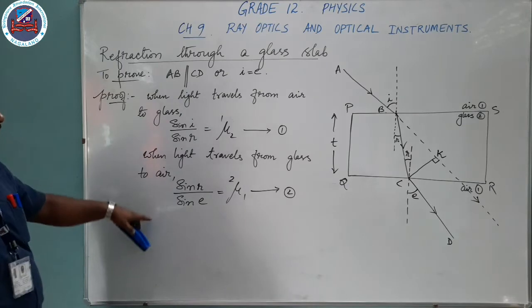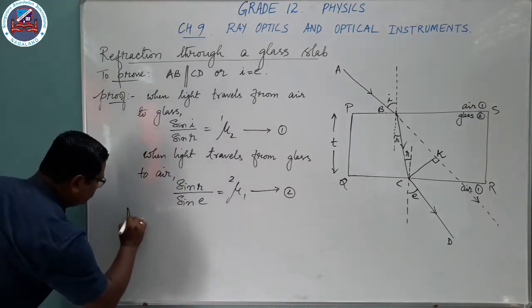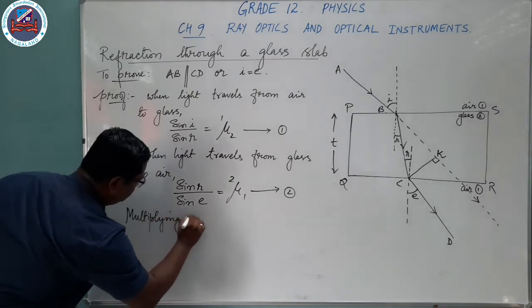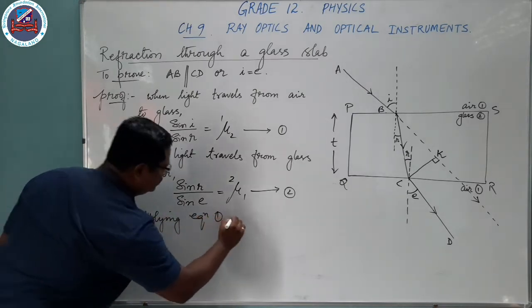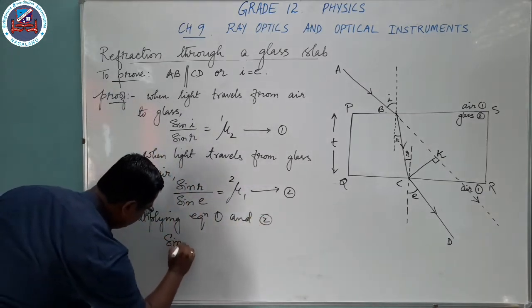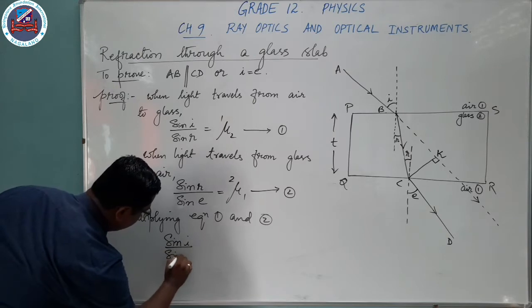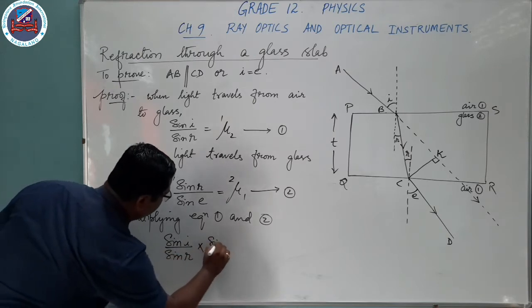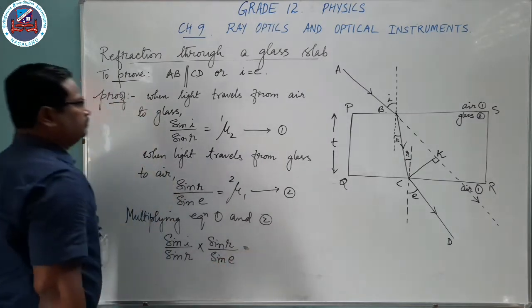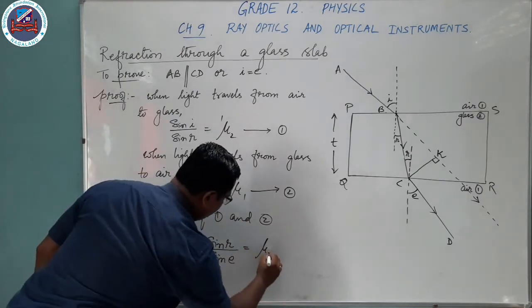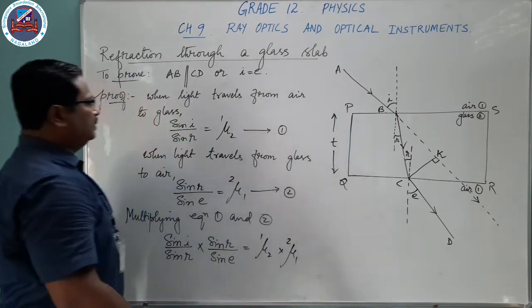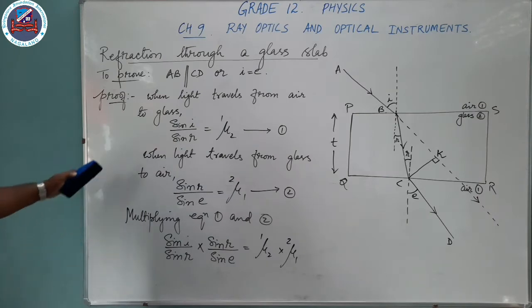When you multiply equation 1 and 2, you will get sin I by sin R into sin R by sin E is equal to refractive index of second medium with respect to first into refractive index of first medium with respect to second.